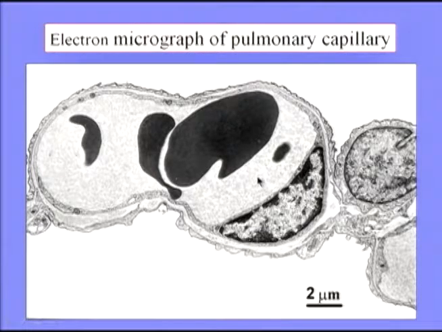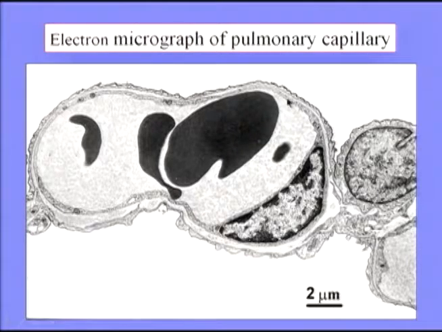And between those two cellular layers, we have the extracellular matrix, or can be called the interstitium, which on the thin side is made up of the fused basement membranes of the epithelial cell and the endothelial cell.